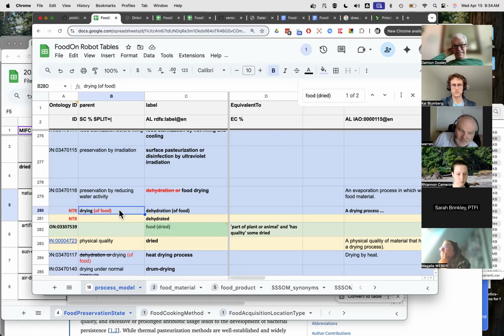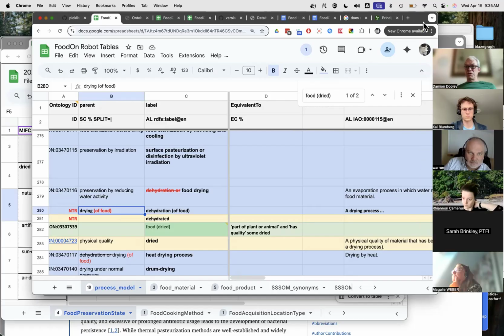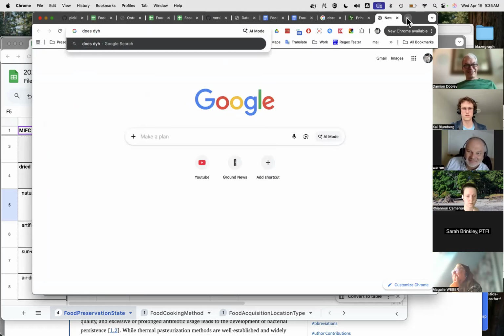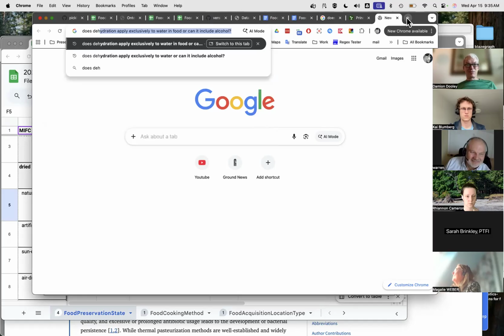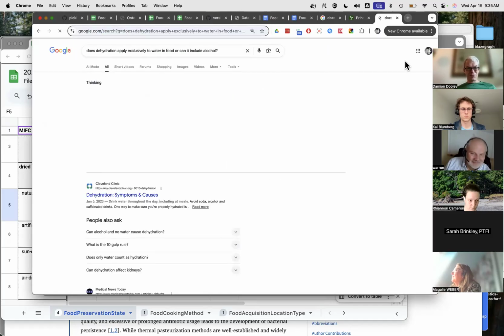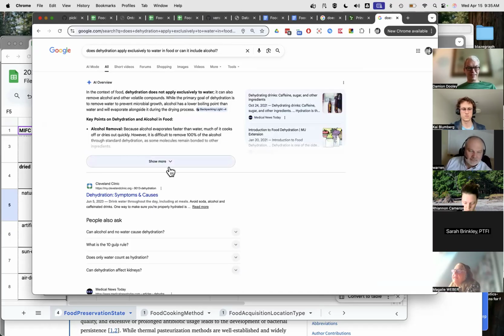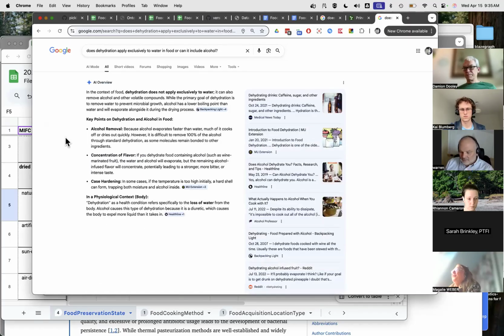Okay, what that idea allows us to do is put dehydration of food underneath. And I asked Google whether hydration applies exclusively to water or not. Hydration is related to aqua, to water.